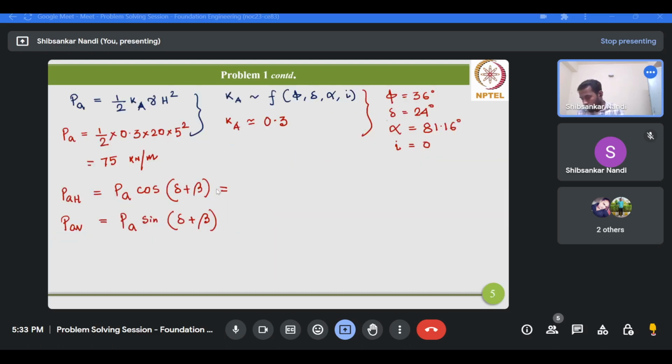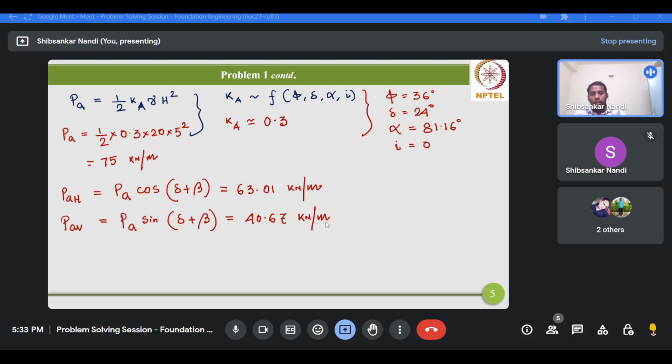Into 75, that means PAH is 63.01 kilonewton per meter, and PAV will be the sine component, so 40.67 kilonewton per meter.